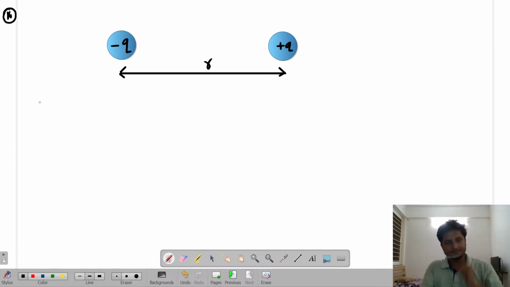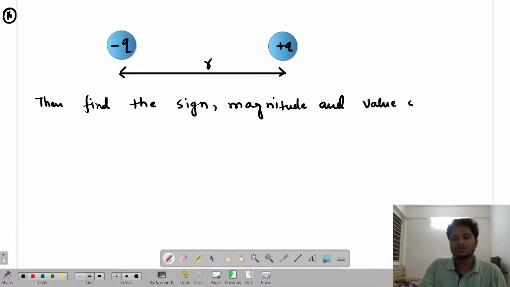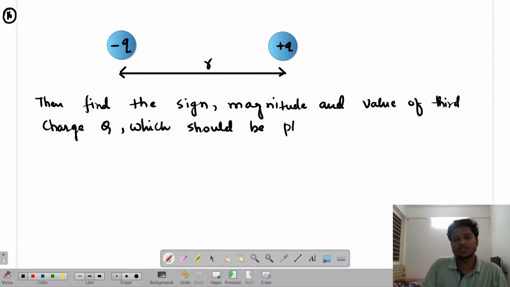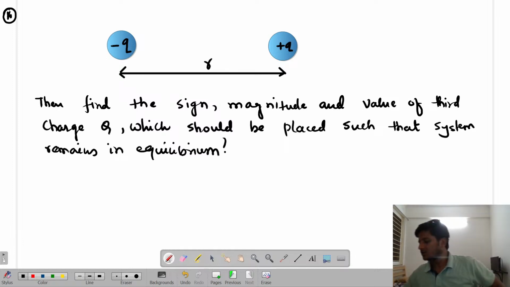Okay, then find the sign, magnitude and value of the third charge which should be placed such that the system remains in equilibrium. Do it. That's your homework. It's a homework for everyone.